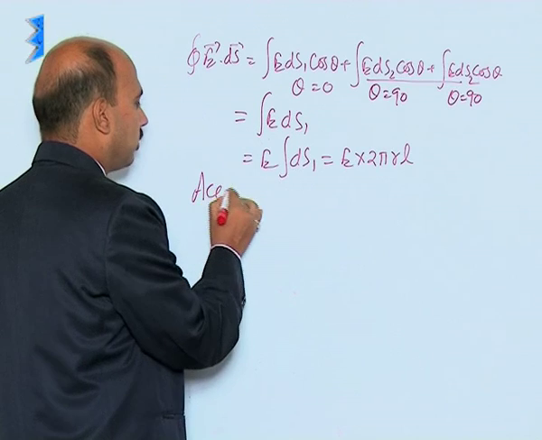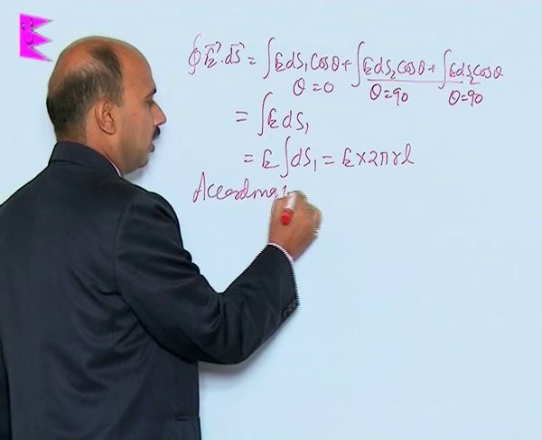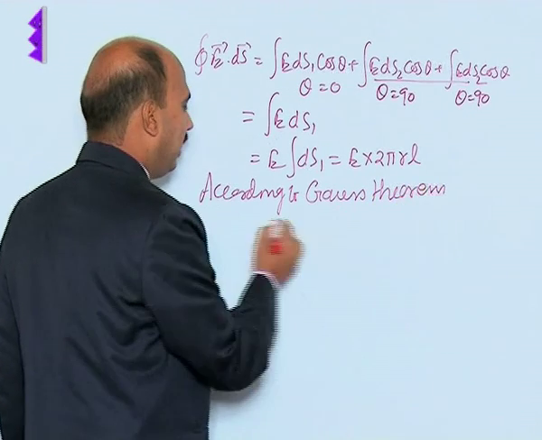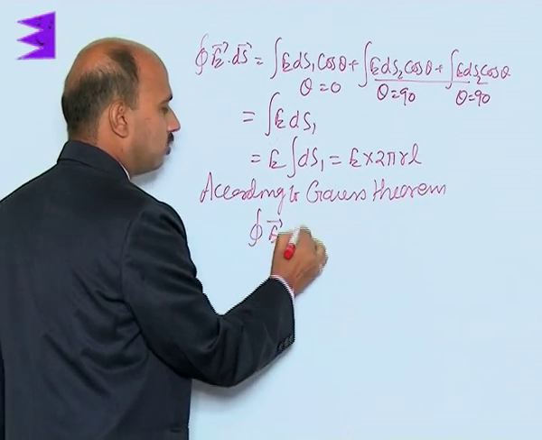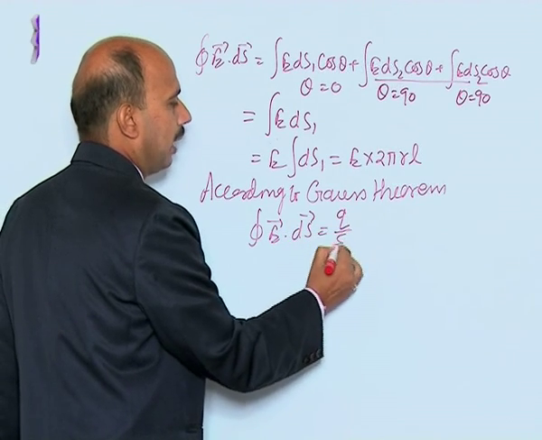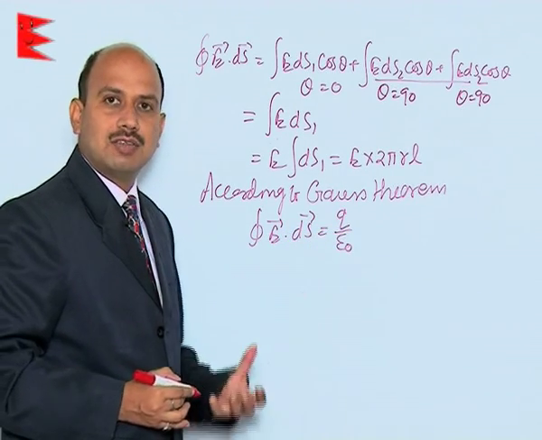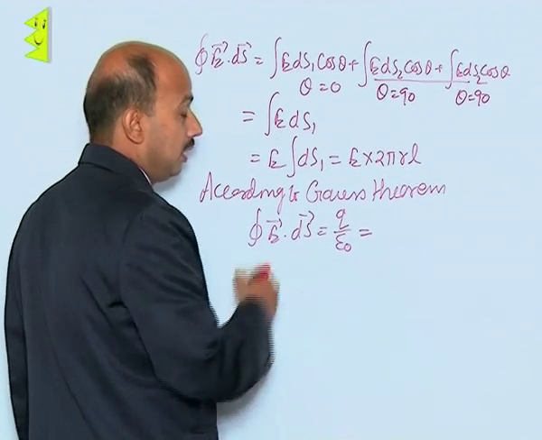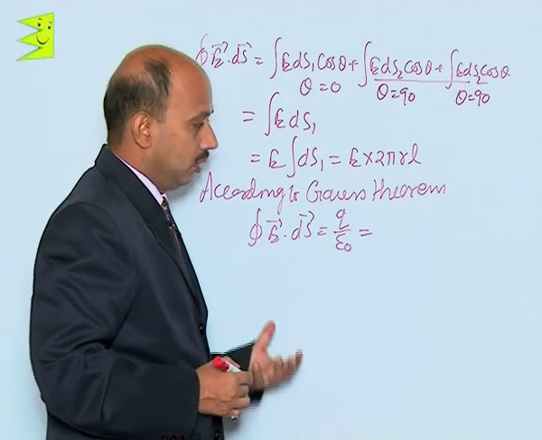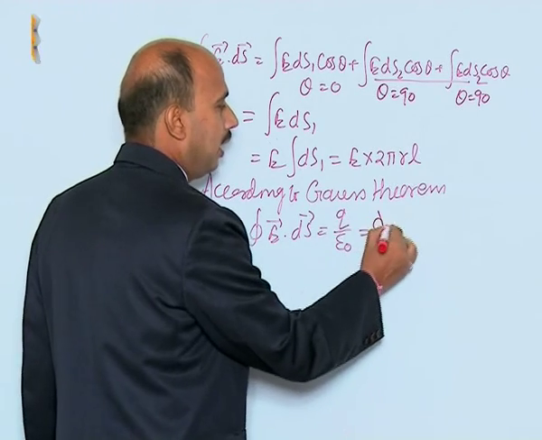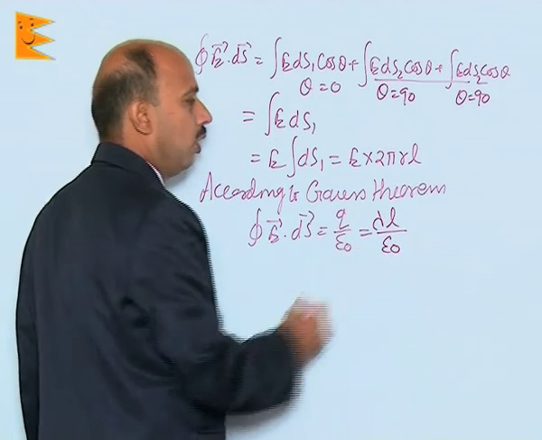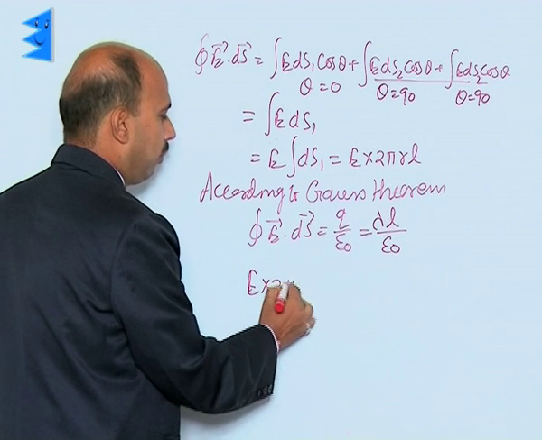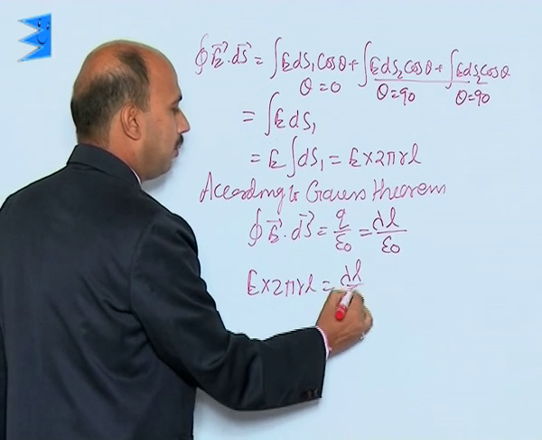Now according to Gauss theorem, the total flux through the closed surface is equal to q net by epsilon naught, where q is the total charge enclosed by the surface. Lambda was the charge density we have already taken, so we can write lambda into L upon epsilon naught. If you equate the two, we get E into 2 pi r L is equal to lambda L upon epsilon naught.